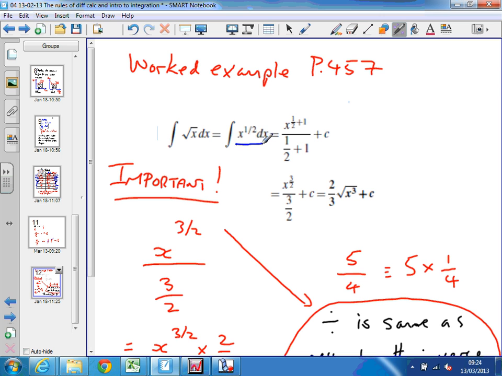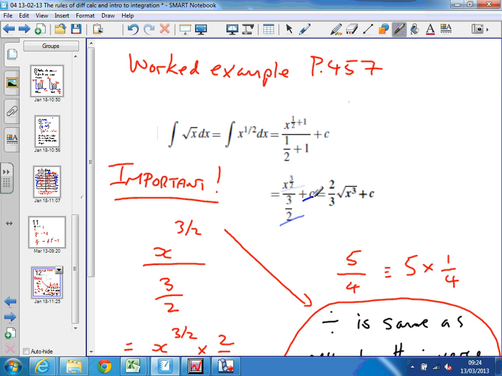So what do I do to integrate x to the half? I add 1 to the power and divide by the new power, which is a half plus 1. A half plus 1 is 3/2, so it becomes x to the 3 over 2 divided by 3 over 2 plus c.